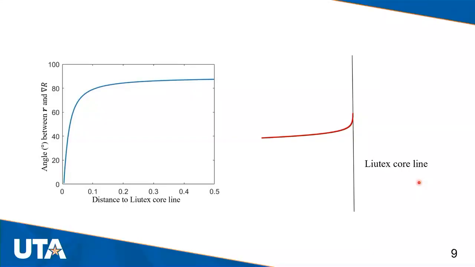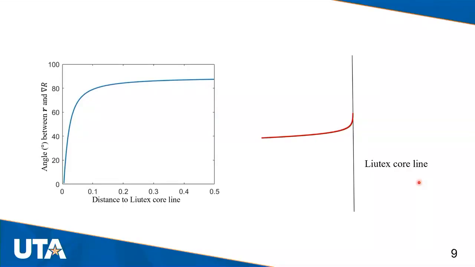And you can see if the distance is 0.1, the angle is around 80 degrees. It's still a large angle. It's like normal, right? The data in the left figure is from this line. Okay, it's from the red line.